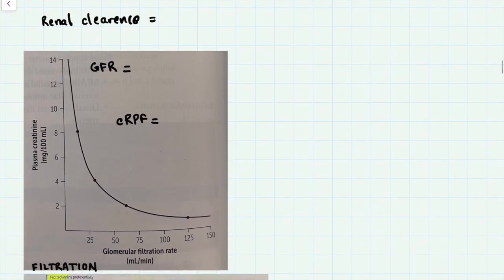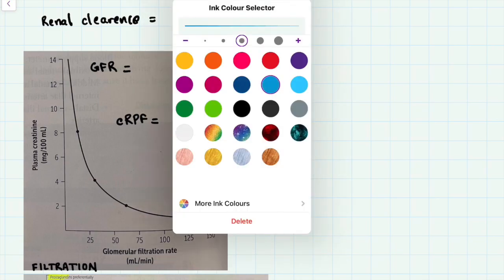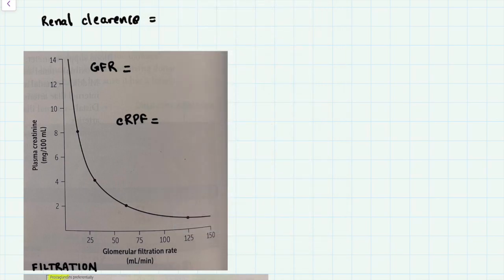Next, we talk about the renal clearance. So for renal clearance, the formula is: clearance of a substance is its concentration in the urine divided by concentration in plasma multiplied by the urine flow, right? So urine flow would be in ml per minute.